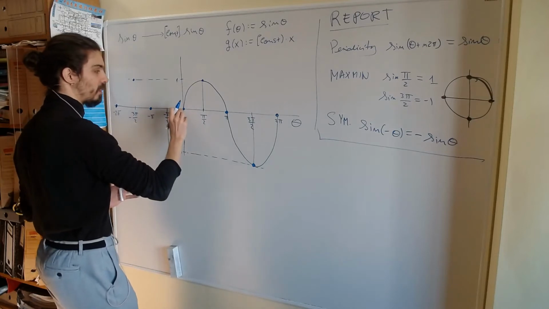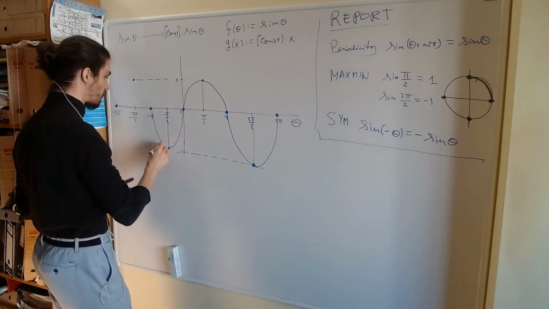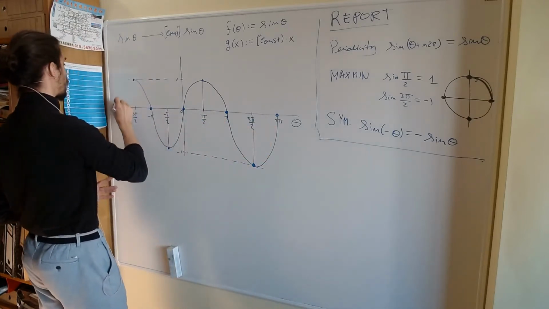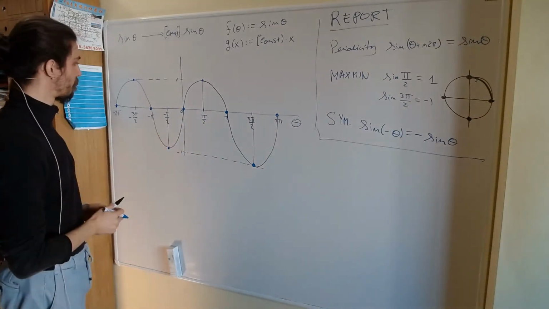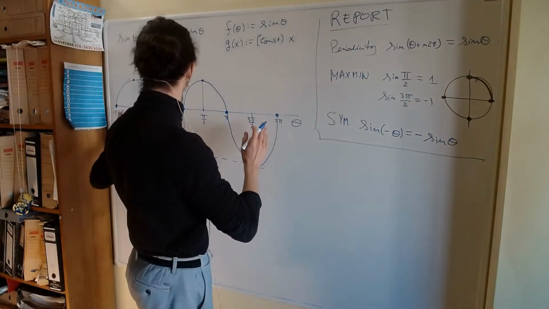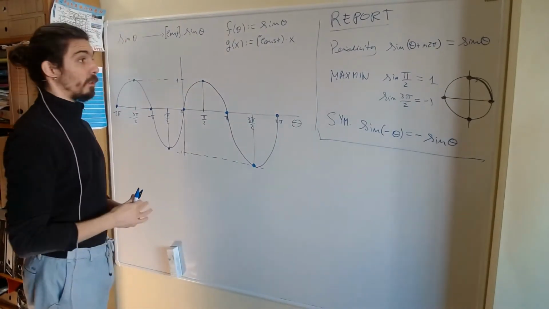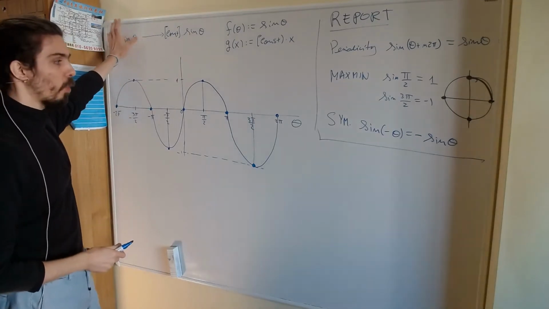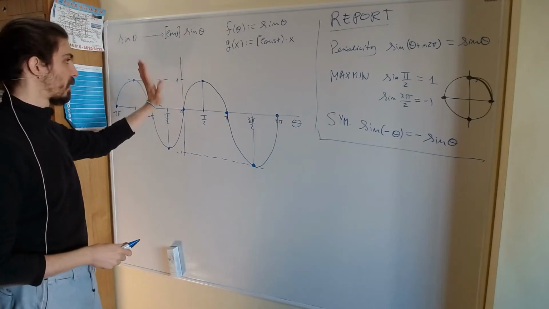If this is positive here, here it must be negative. If this is negative, here it must be positive. And this is the sine wave, the sine wave from minus 2 pi to 2 pi. So our first goal is done. We already know how this function behaves. We used the data to draw this picture.